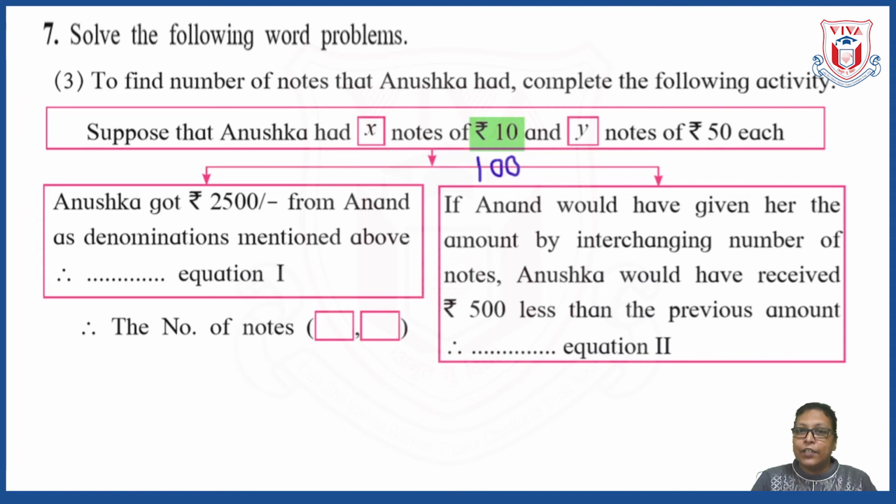Suppose that Anushka had x notes of rupees 10. That is not 10 actually, it is 100. If you take it as 10, you are not going to get the answer. This is a printing mistake in the textbook. So please rectify the mistake. Replace that 10 by 100. Add one more 0.